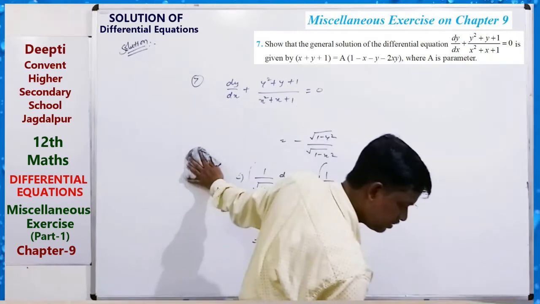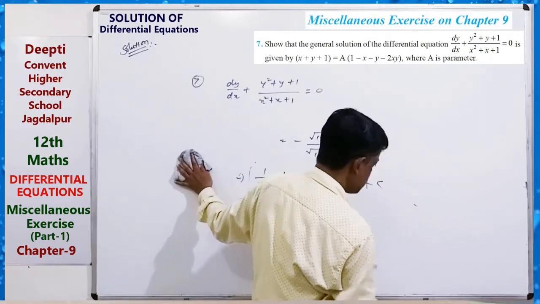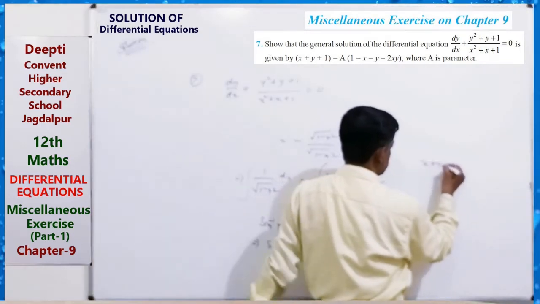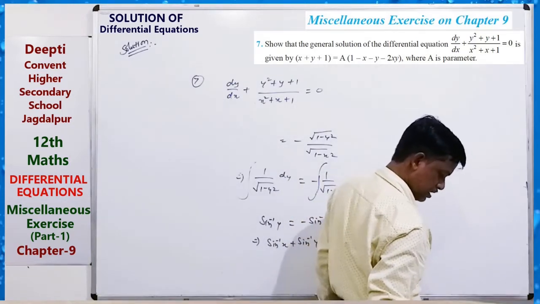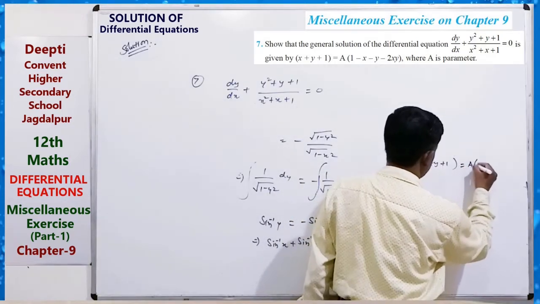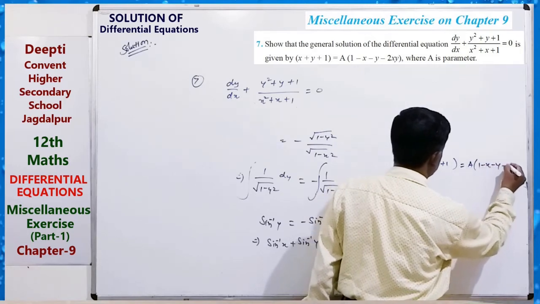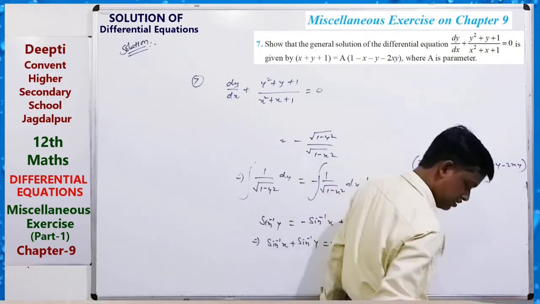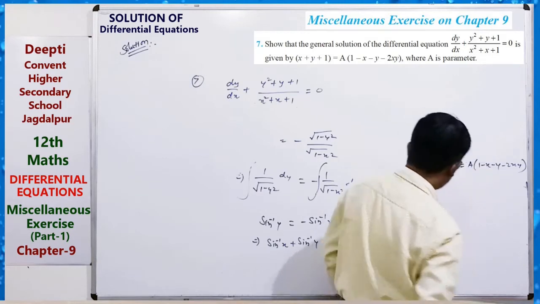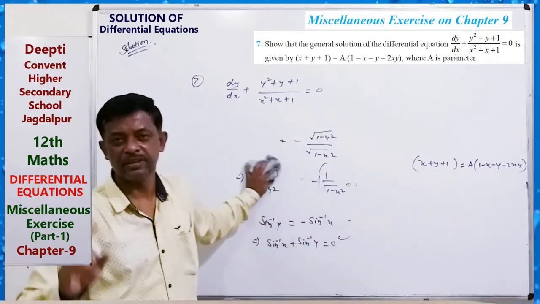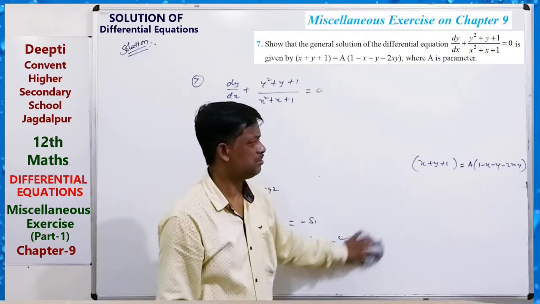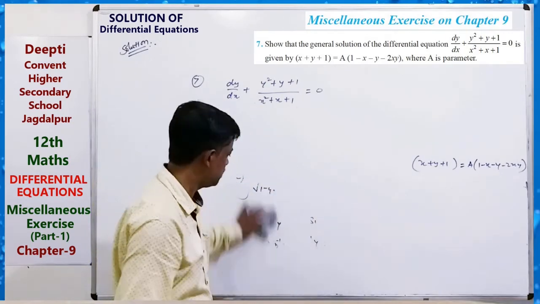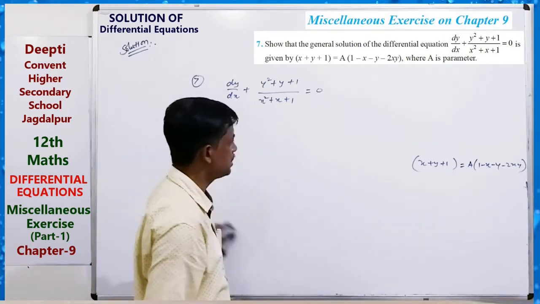This is given. We have to find the solution of this equation in the form x plus y plus 1 equals c(1 minus x minus y minus 2xy), where c is an arbitrary constant of integration.